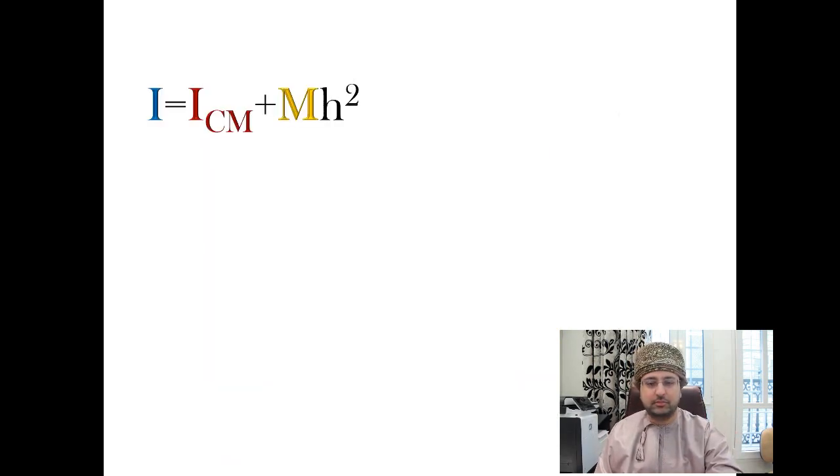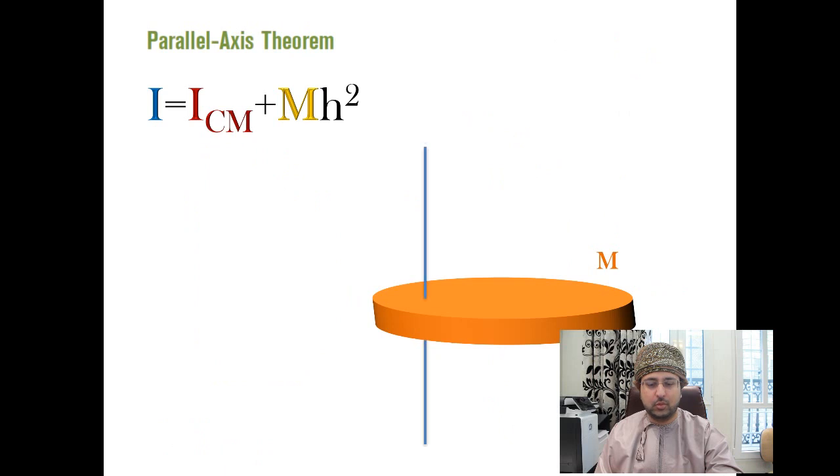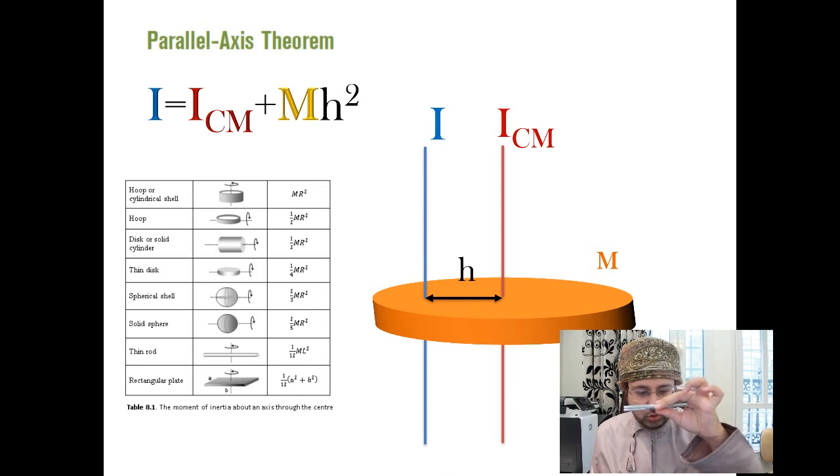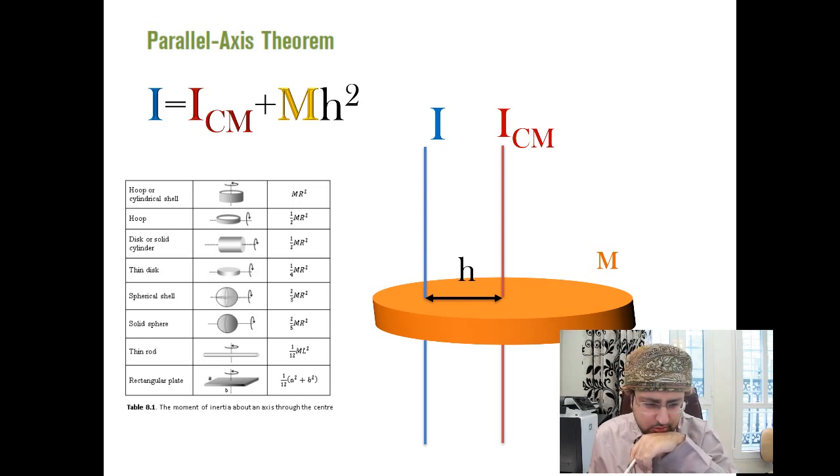How is this useful? Well, here is the disk that we saw a bit earlier. Now we know from the table that for a thin disk rotating about this axis, it is 1/4 mr squared, but that is not particularly helpful.